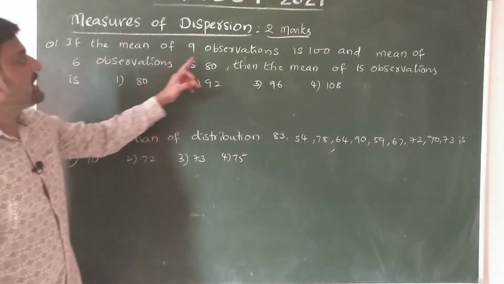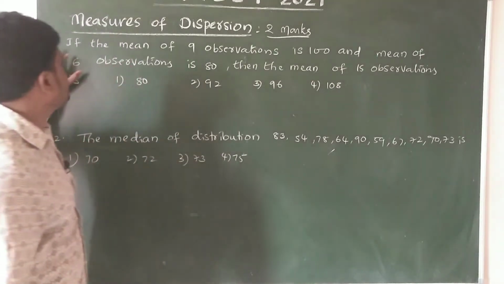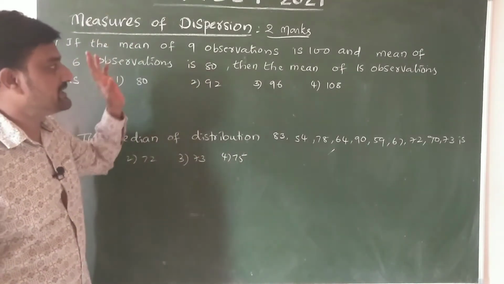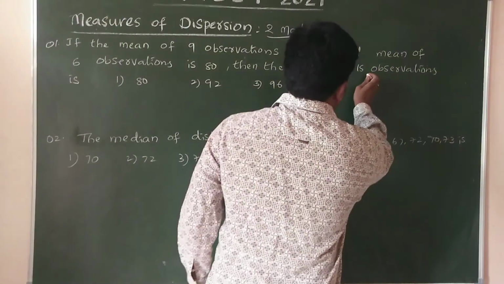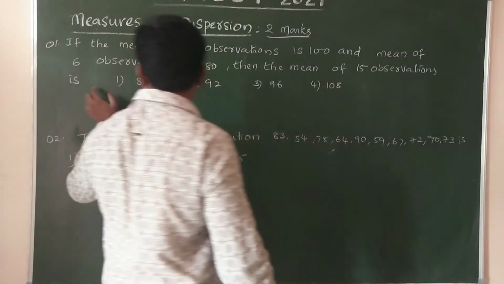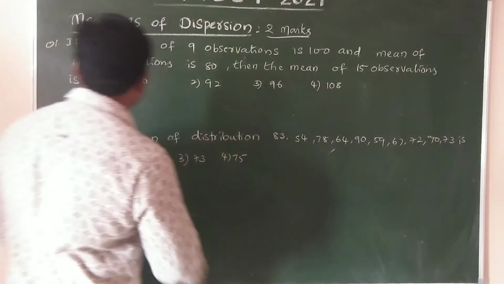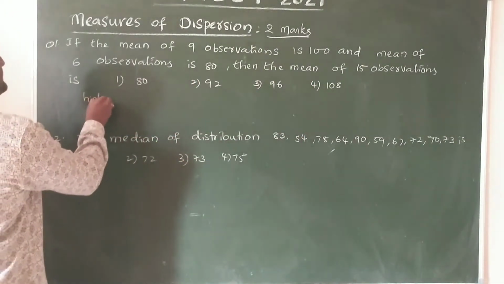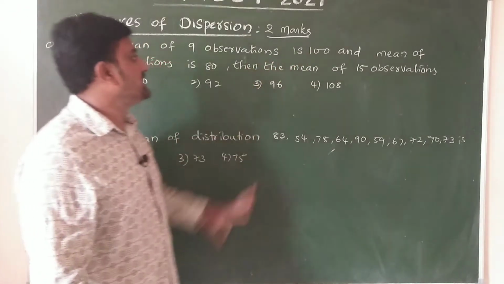If the mean of 9 observations is 100 and the mean of 6 observations is 80, then the mean of 15 observations is what? 80, 92, 96, 108. Okay, the hint is, the solution: the mean of 9 observations is 100 clearly.